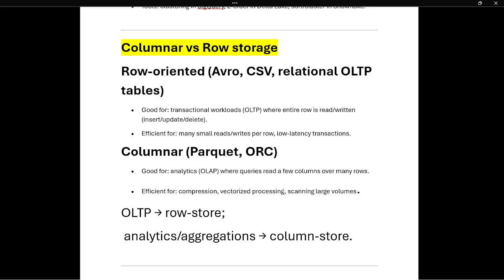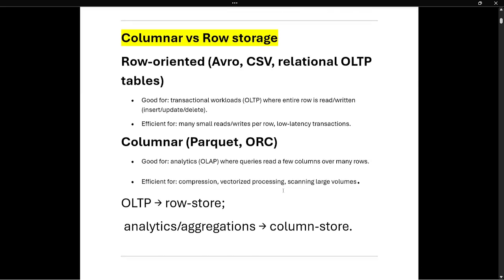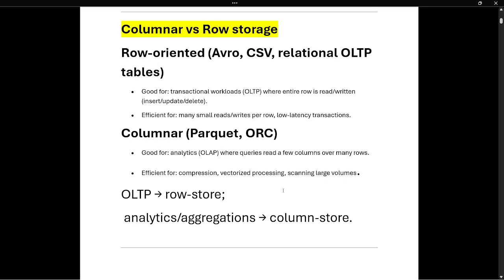So we use row-oriented when we have a transactional workload like OLTP, where the entire row is read or written: insert, update, delete. Okay, so it is efficient for small reads or writes per row, or low latency transactions. So when low latency transactions are required, we go with row-oriented. When choosing column-oriented, that is very important whenever we are designing.